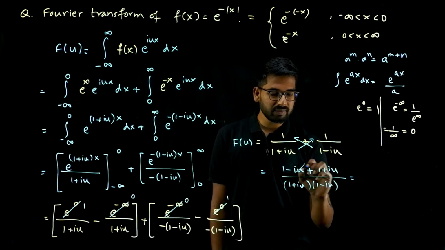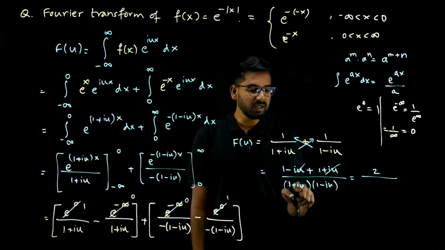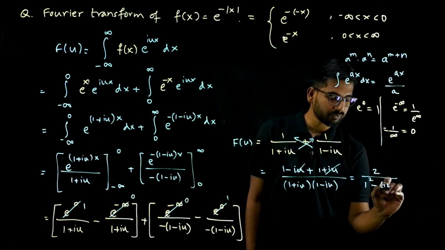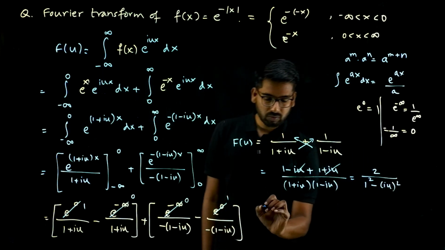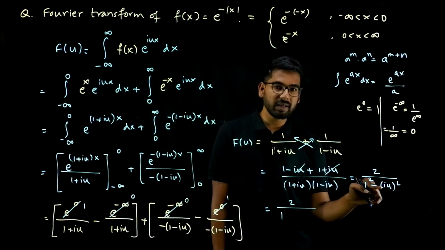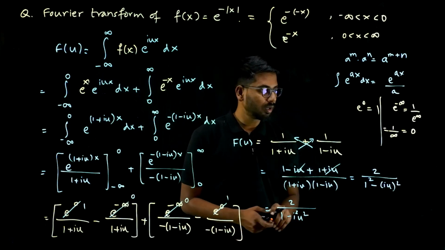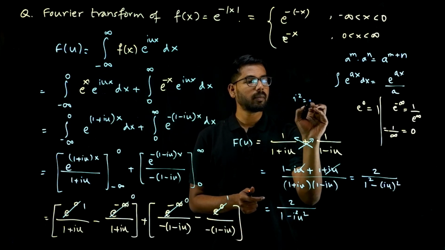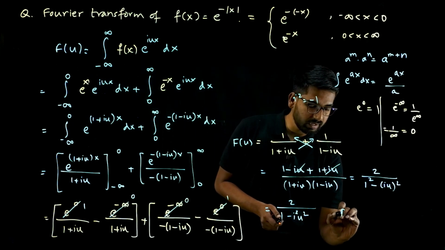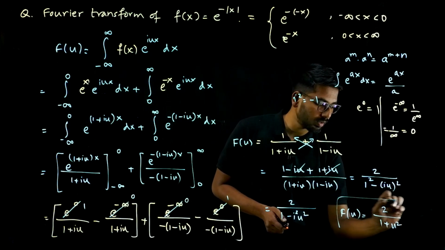The minus iu and plus iu cancel, so 1 plus 1 is 2, over a plus b times a minus b, which is a square minus b square. So 2 over 1 minus i square u square. I know i square is minus 1, so minus into minus becomes plus. Finally, F of u is 2 over 1 plus u square.